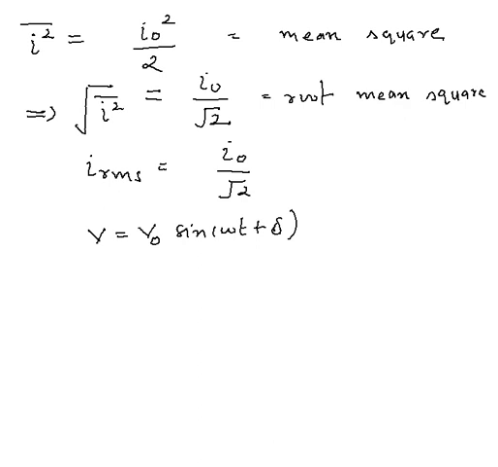And it is not so that if V is V naught sine omega t plus delta, then I will be I naught sine omega t plus delta only. That's not necessary. It is not necessary that if time period for this is capital T, then time period for this will also be capital T. It is not necessary that if this is omega, this is also omega.